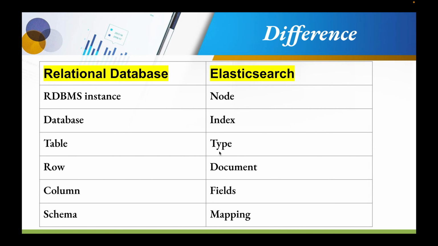In Elasticsearch the concept of types was deprecated starting from, I think, version 7.0. In earlier versions you could have multiple types within a single index. A row is a document, a column is a field, and a schema is a mapping. These terms are very important, so make sure you have knowledge of this difference.